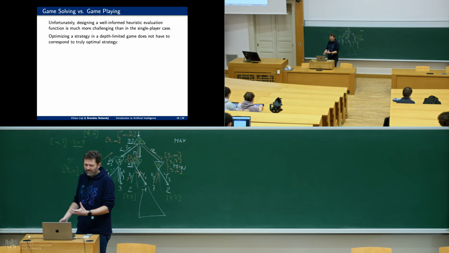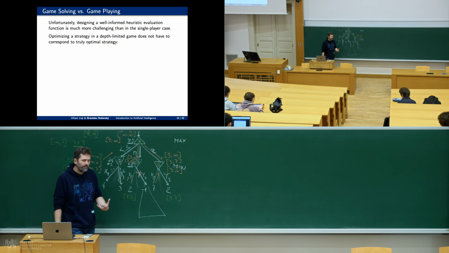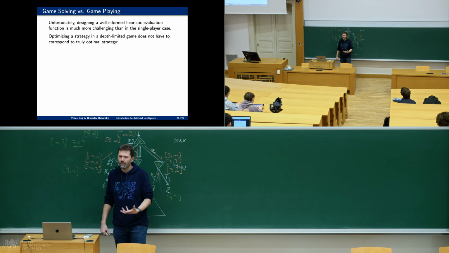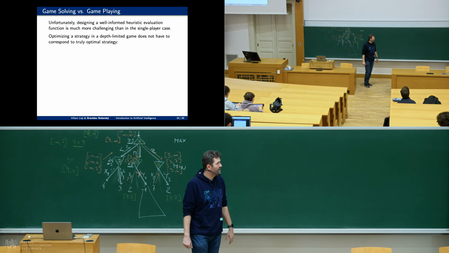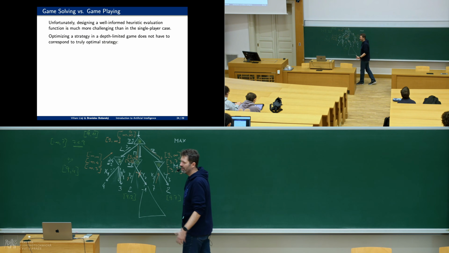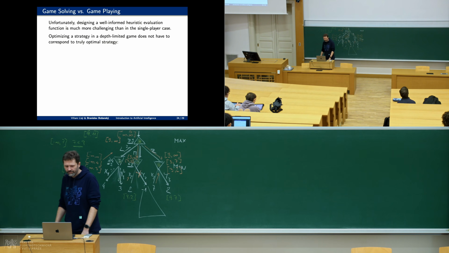In chess, a usual heuristic is whether you have more pieces or more valuable pieces than your opponent. But if your opponent is going to checkmate you, it doesn't matter that you are a queen up, right? So it can be more complicated to come up with a very good heuristic.